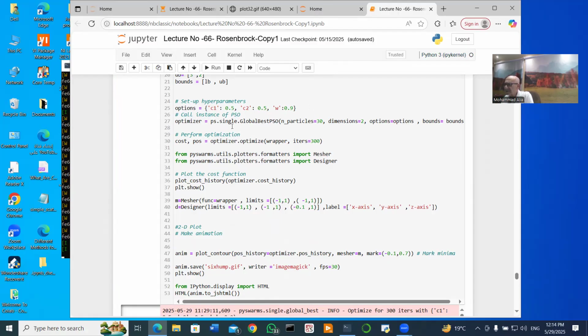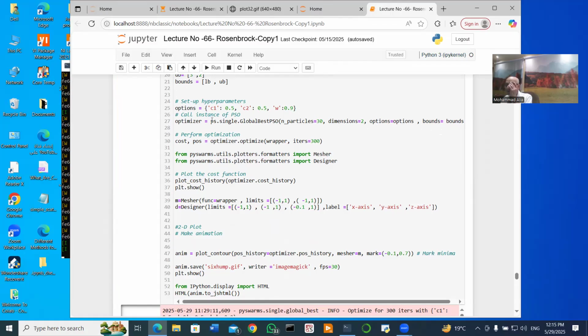So we call the single function. From it we call the global best particle swarm optimization function, and we pass in it the required information. The required information is the number of particles which we suggest. I suggest the number of particles to be 30. The dimensions are 2 because we have x and y. Options as they are given here equal to options, and bounds are equal to bounds which are here above.